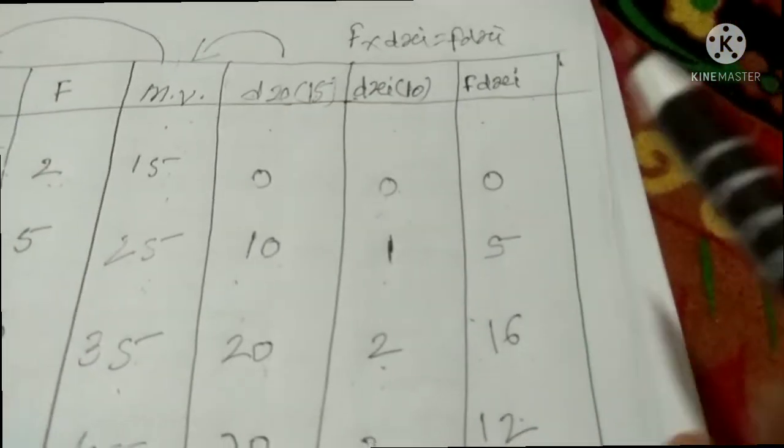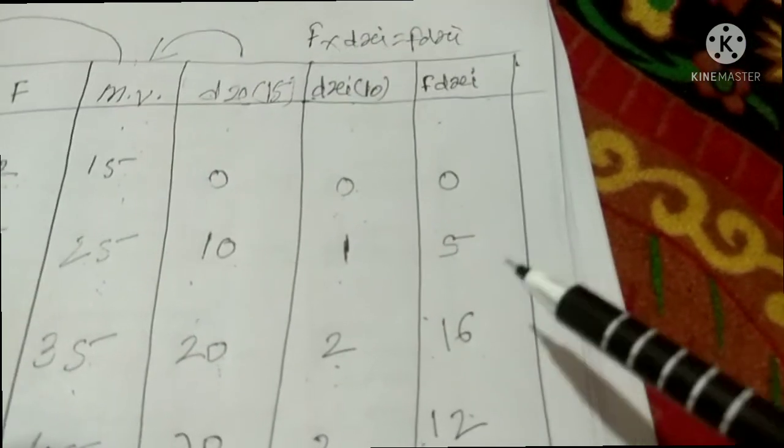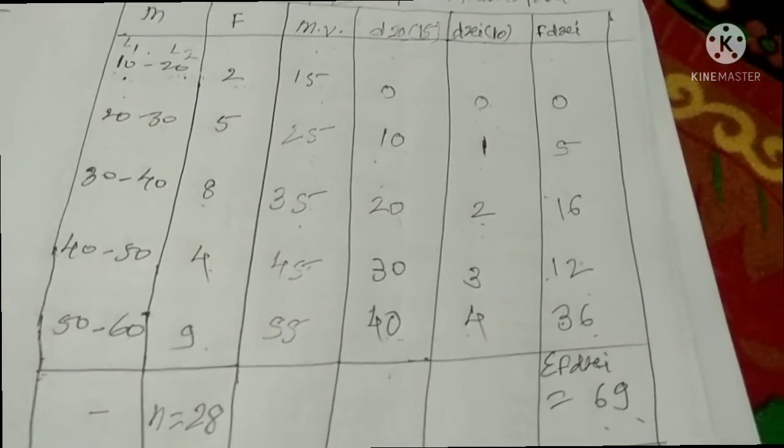After that, you can make the addition of the FDXI series. Then sigma FDXI equals 69. After that, apply the formula of the indirect method for the continuous series.